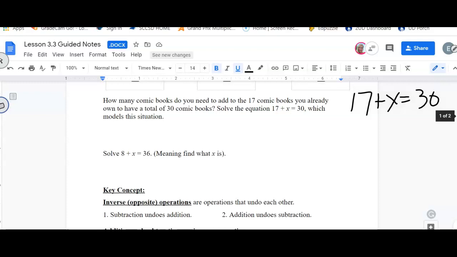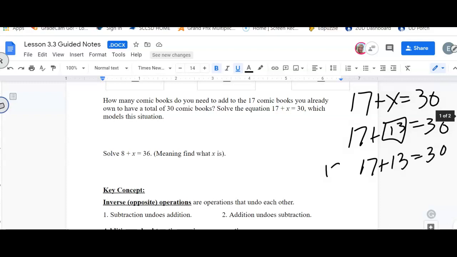What is the value of x? Okay, by guessing and checking, what number can we plug in? 17 plus some number equals 30. What is that some number? Megan? 13. 17 plus 13 equals 30. Just checking my answer here. That's 30 equals 30.